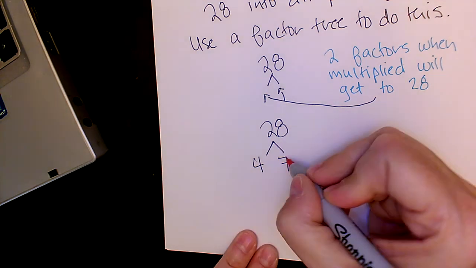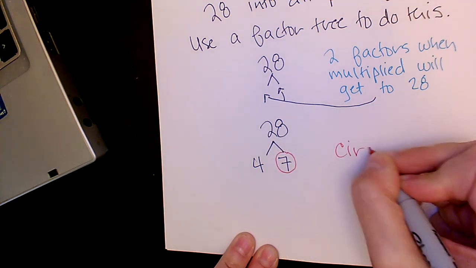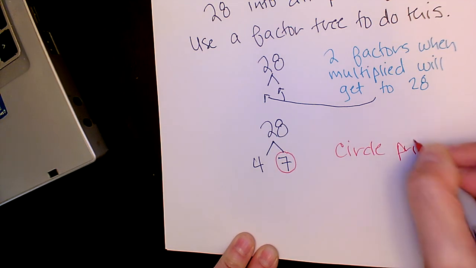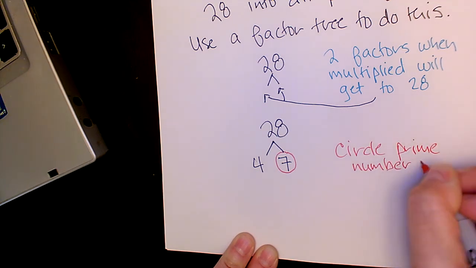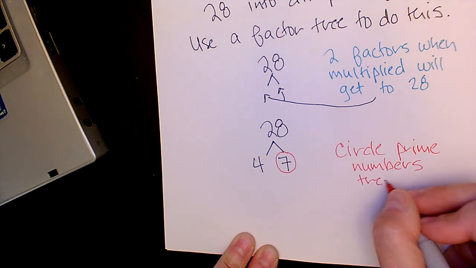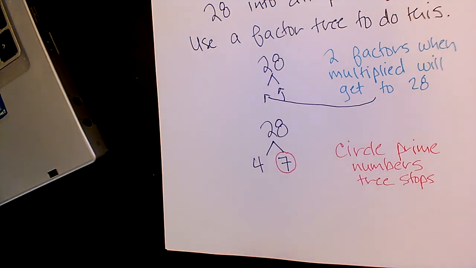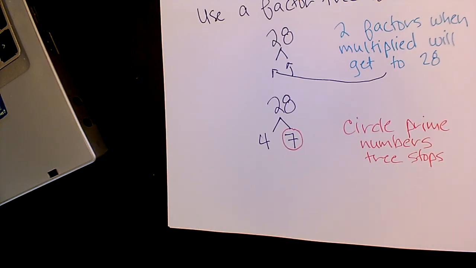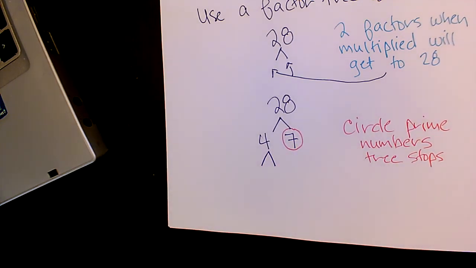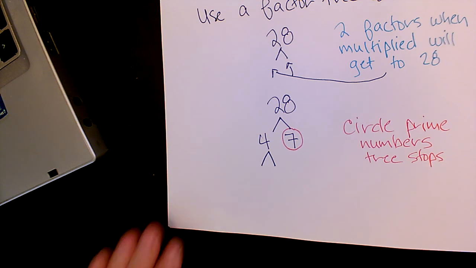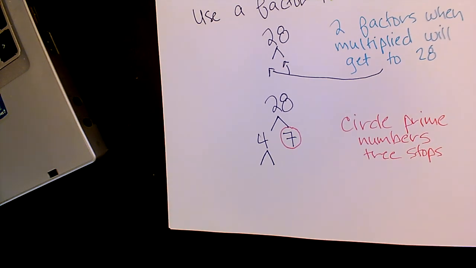So you're going to circle your prime numbers, and the tree's going to stop there. And the tree stops right there. Okay. But 4, I can branch off because 4 is not prime. It can be broken down some more.